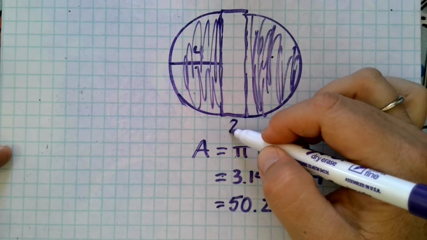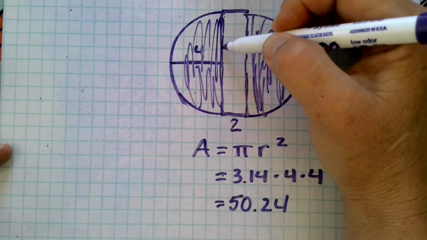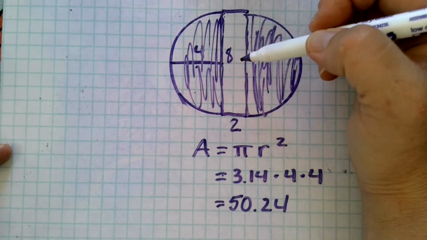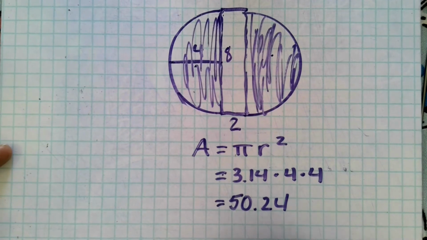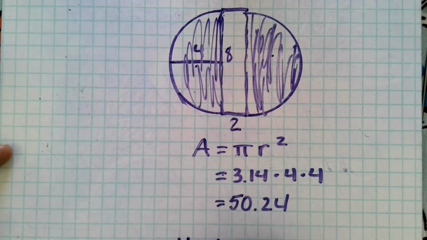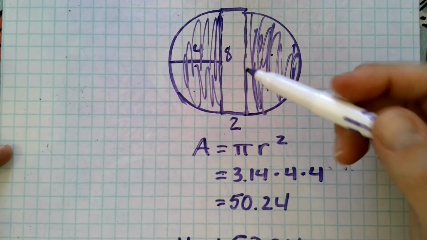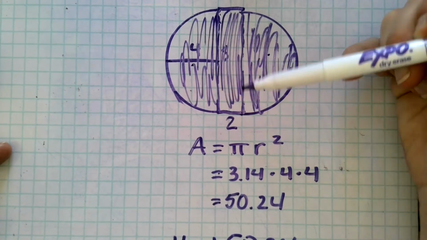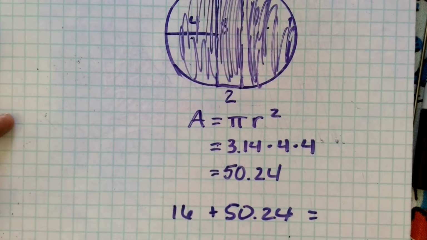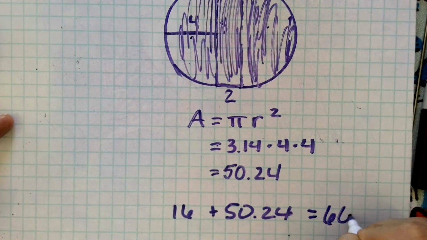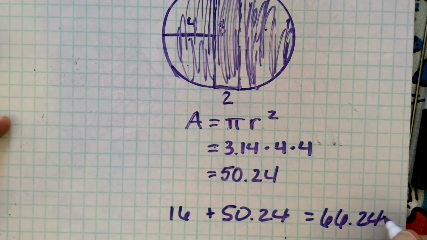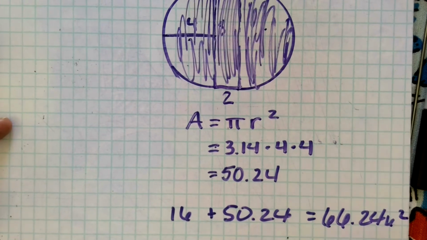So this is 2 times this would be 8. 2 times 8 is going to give us 16. So we're going to end up with 16 plus 50.24 to find the area of this entire composite figure here. So 50 plus this would be a 66.24. Remember, our units are going to always be squared when we're talking about area.